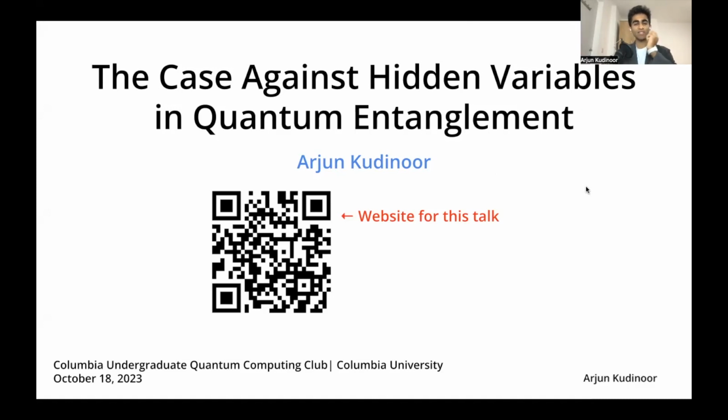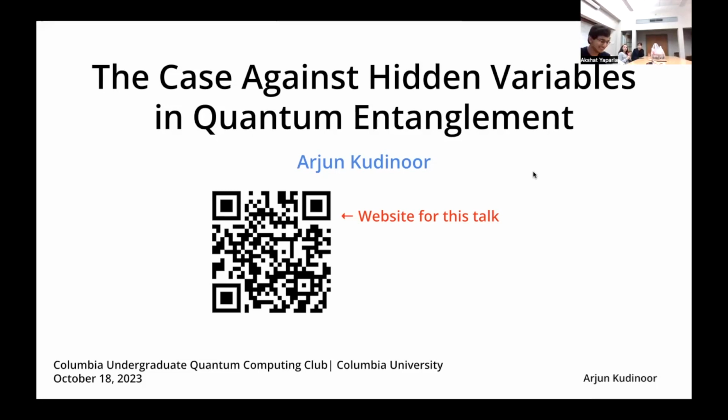So, as I said, I gave a version of this talk last year at the Society of Physics Students meeting. And I spoke more about quantum computing than I'll probably speak over here, which is ironic considering that this is the Quantum Computing Club at Columbia.